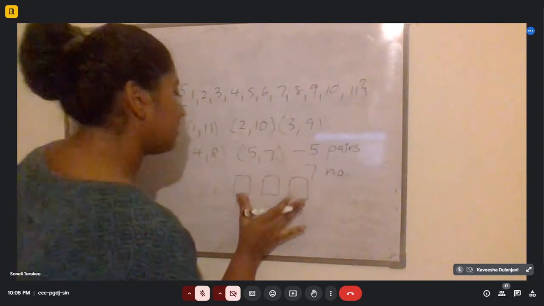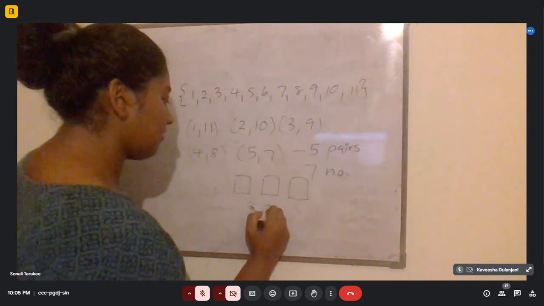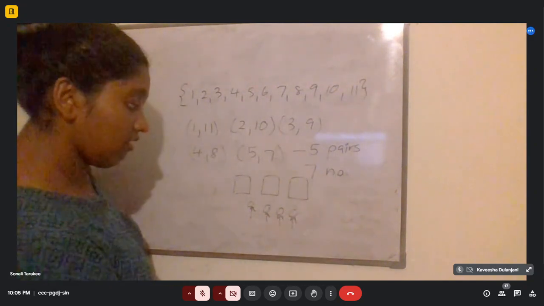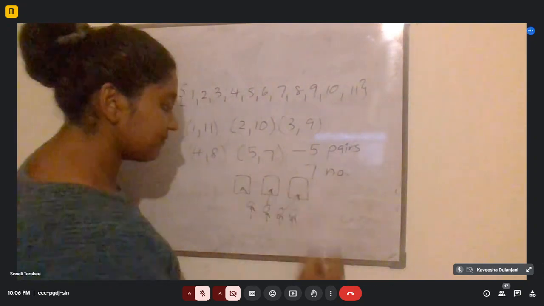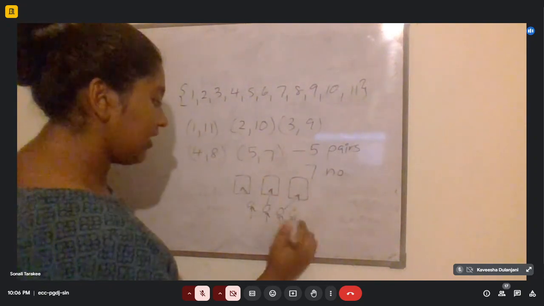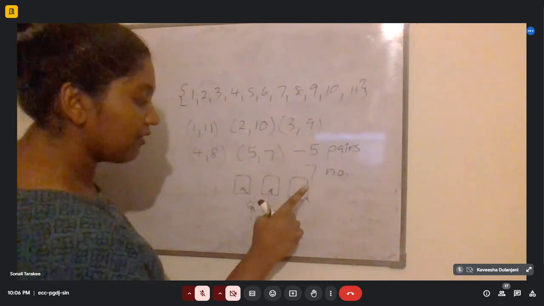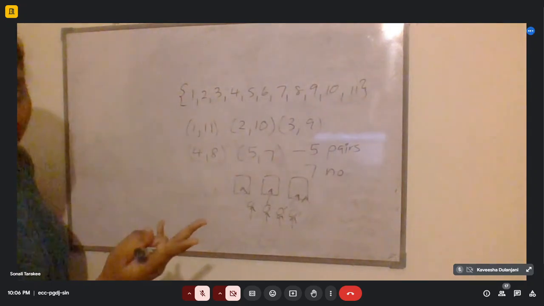Now you have 3 pigeonholes, but you have 4 pigeons. I'll put one pigeon in here, one in here, and one in here. The remaining one can go to one of these. So at least one of these pigeonholes contains 2 pigeons. That's the idea here.